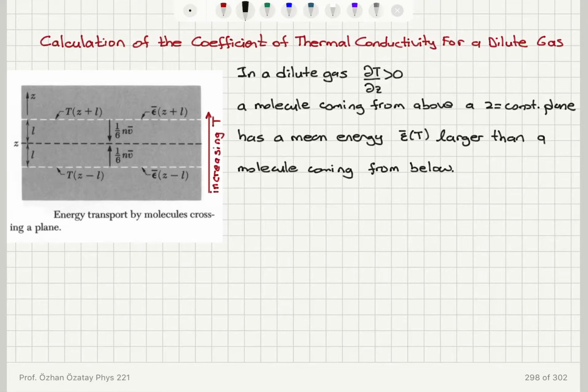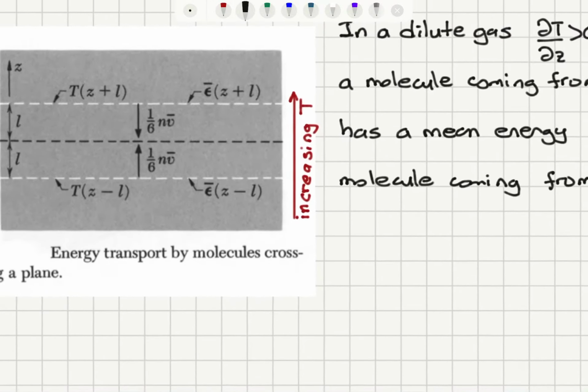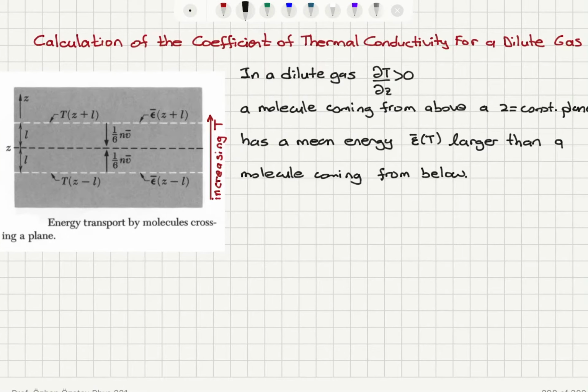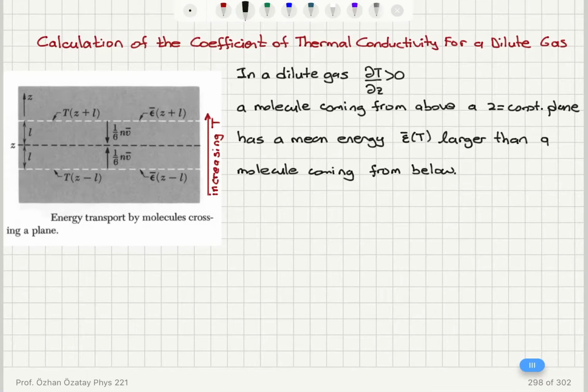And n is the number of molecules per volume, and v bar is the mean speed of a molecule. So we have therefore the flux of molecules that is equal to 1/6 n v bar.